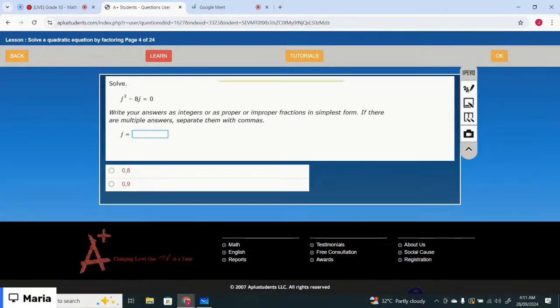Okay, the next one is j square minus 8j equals 0. So which is the correct option? The correct option is 0 and 8. Option number 1 is the correct option.